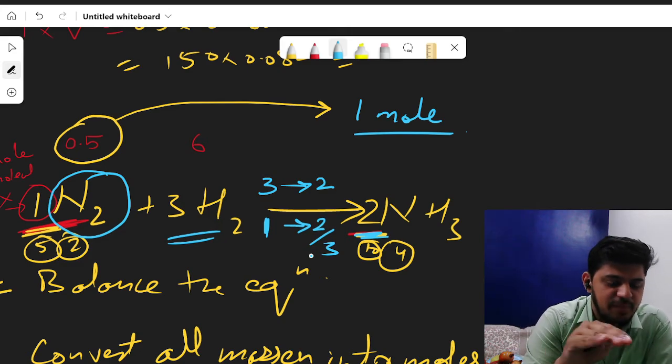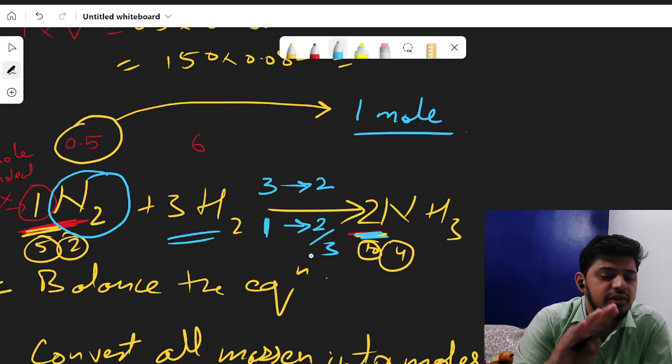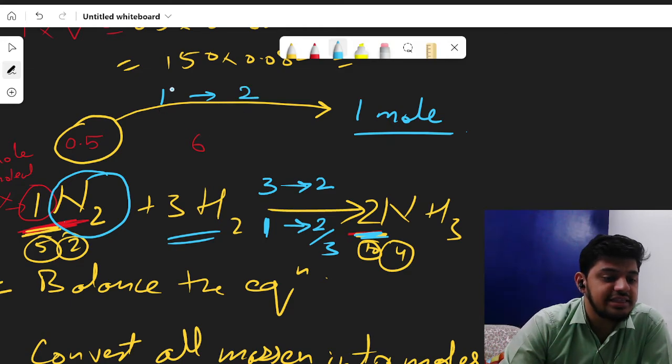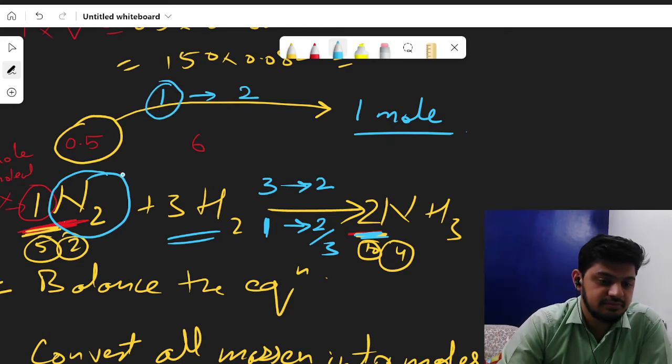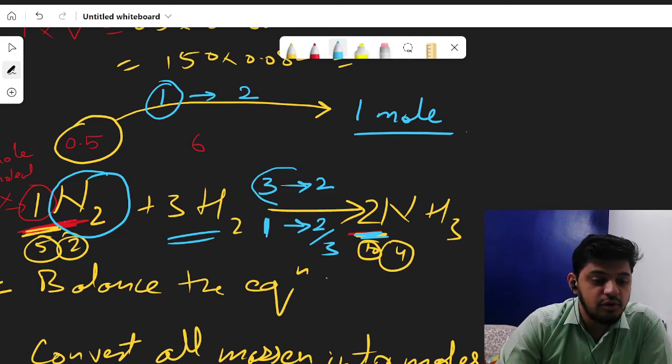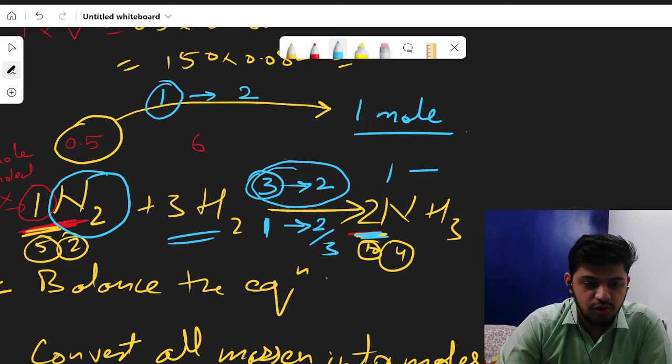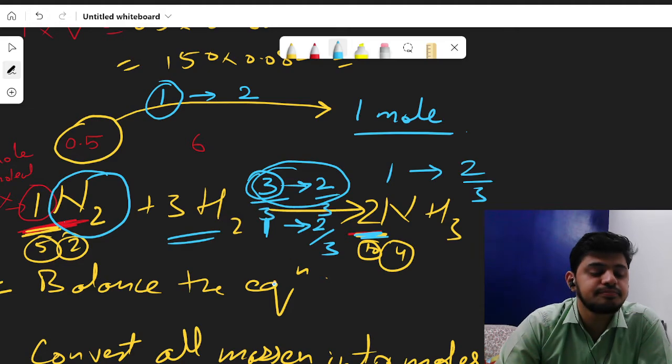I divided everything by what I took in the starting. For example, for nitrogen, 1 mole is making 2 moles. Here 3 moles is making 2 moles. I will just divide everything by this. So 1 mole equals 2 by 3 moles, that is 3 by 3 and 2 by 3.